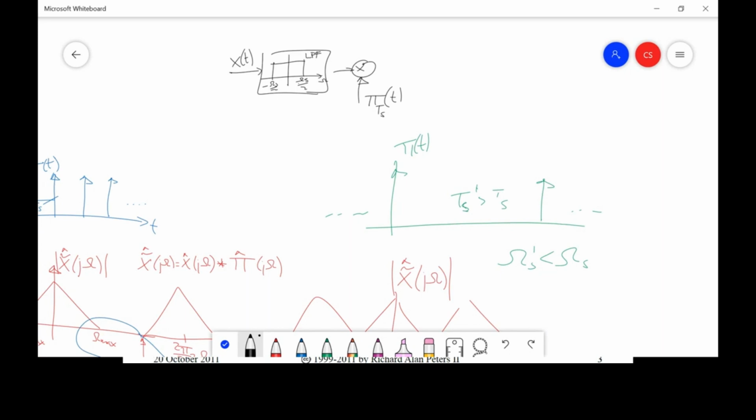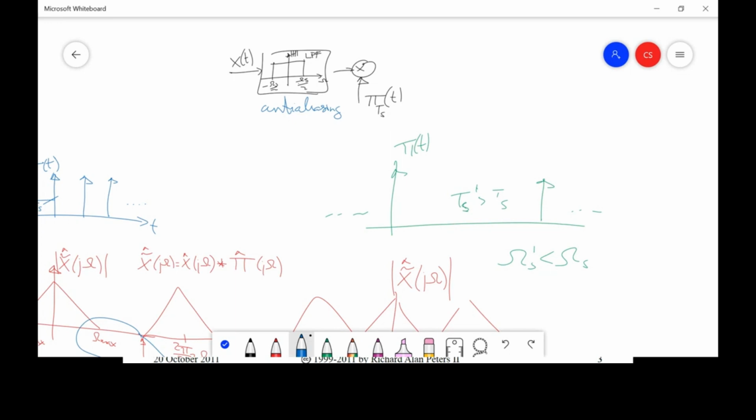This is omega. And that filter has a name. It is not difficult to know. What is it preventing? It's preventing aliasing. So this is called the anti-aliasing filter.